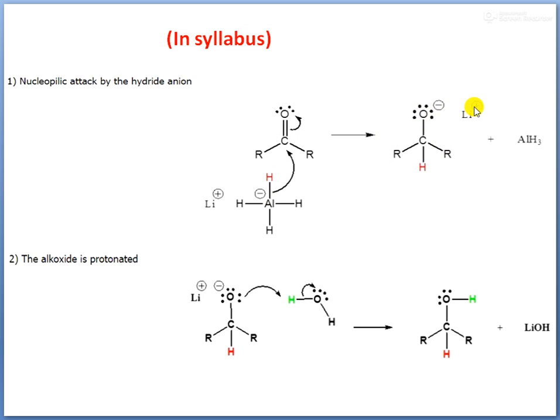Then a Li+ ion will accompany this negative charge, and the byproduct is AlH3, which is obtained from the AlH4-. The second step is, of course, the protonation of this alkoxide. The water from the medium adds a proton to the O-, and we get the alcohol, and we will also get LiOH as a byproduct.